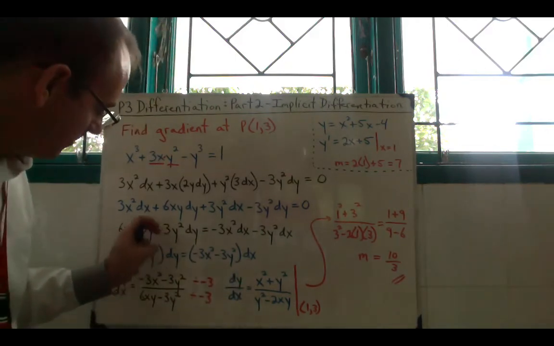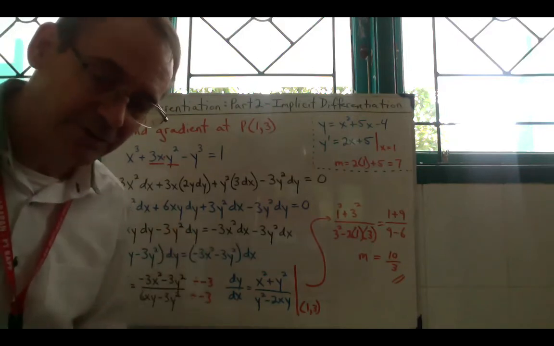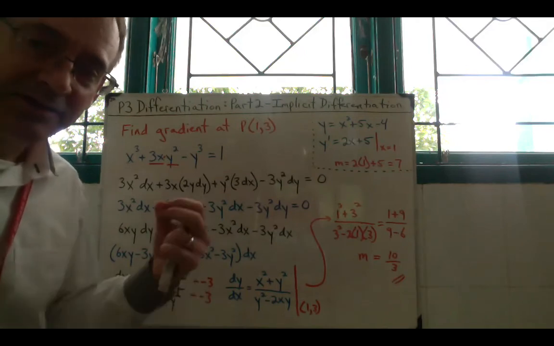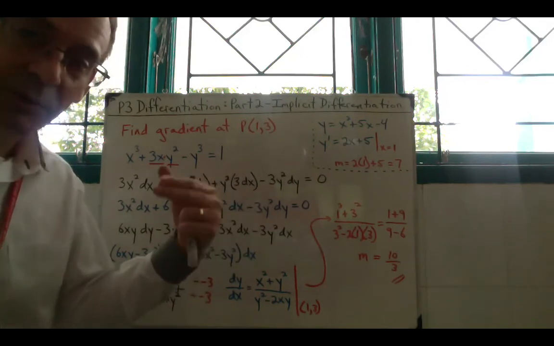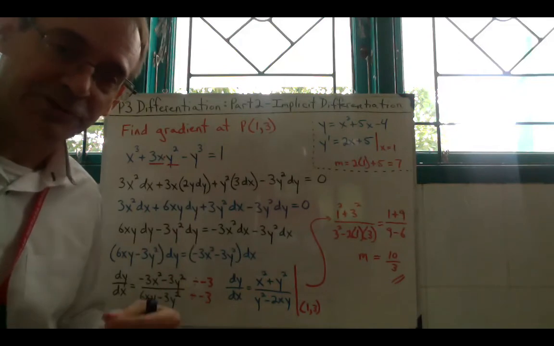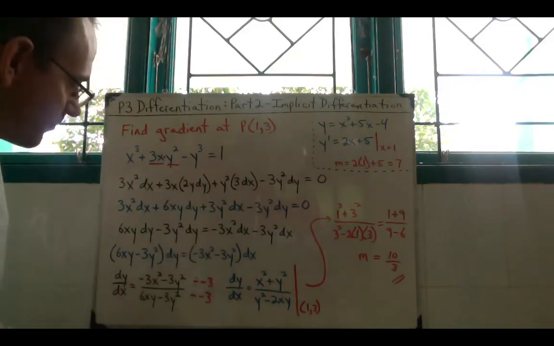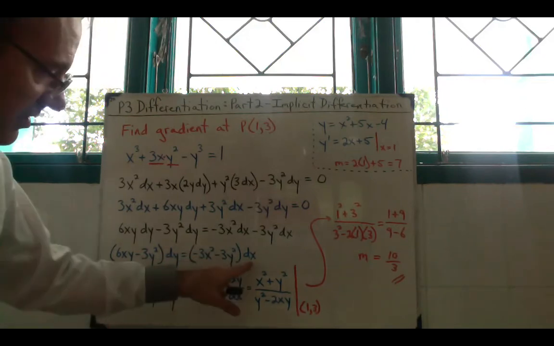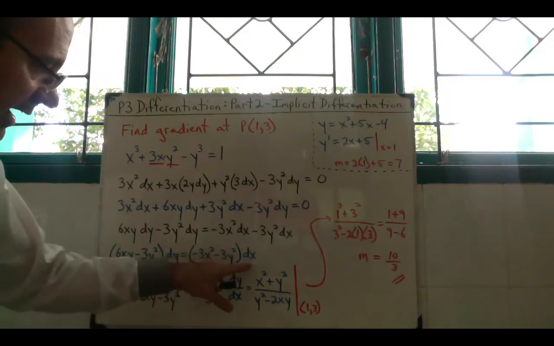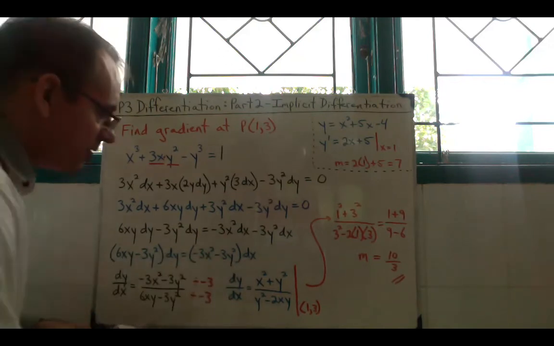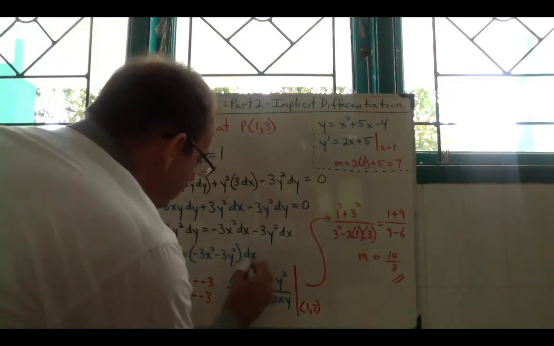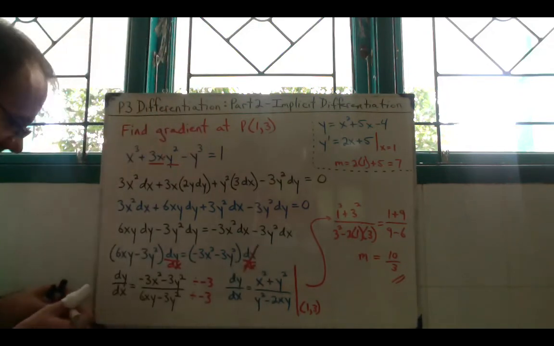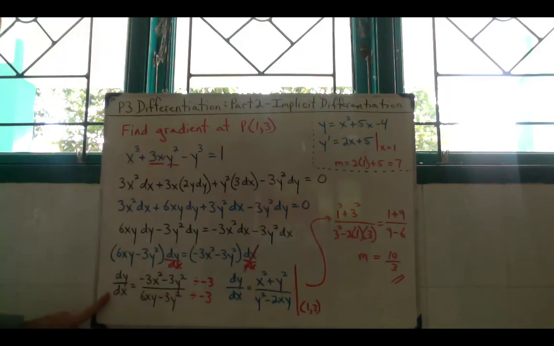Now that we have the differentials factored out, we can set up our slope. We know that slope is dy over dx, change in y over change in x. That's what the differential represents, a change. So for the change in y over the change in x, we just divide both sides by dx. It cancels on this side, so we get dy/dx.